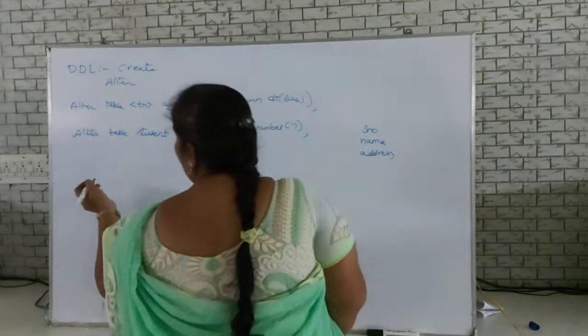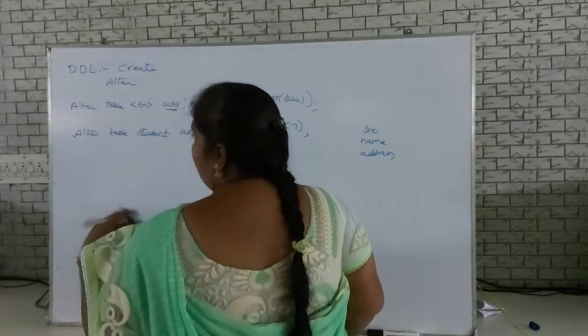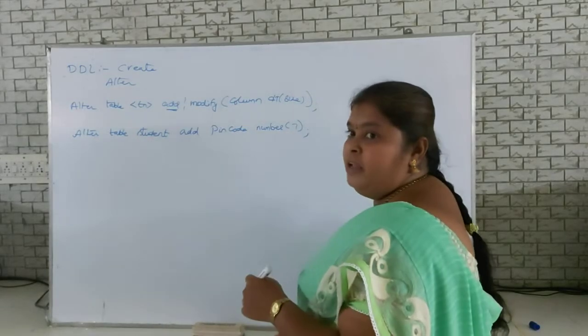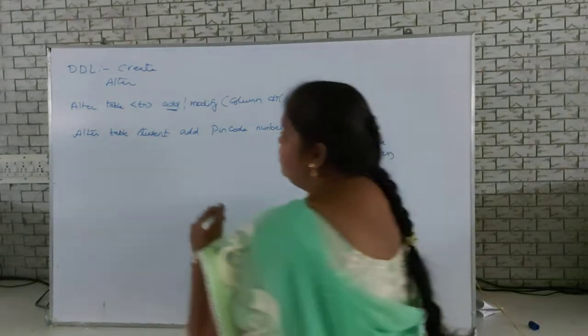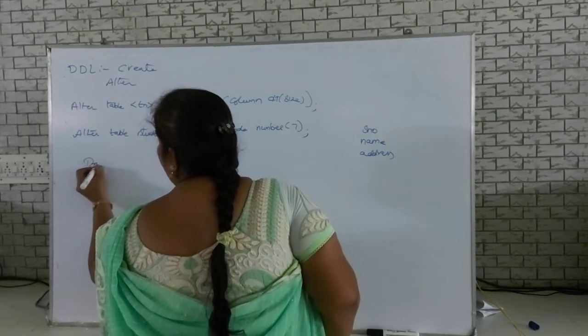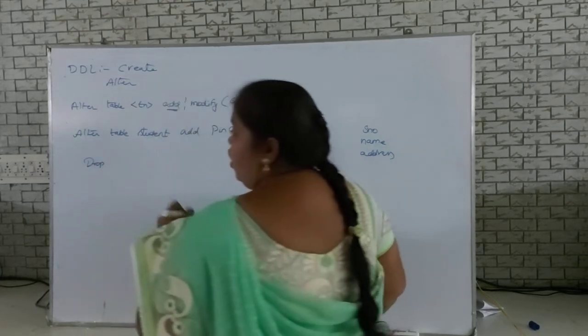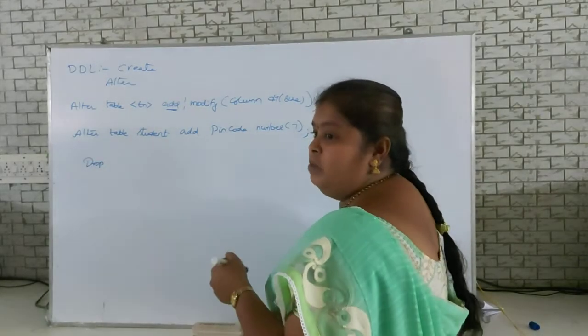Next, coming to alter table. If we want to delete a column in a table, we use the drop command. The drop command is used to delete a column permanently from the table.